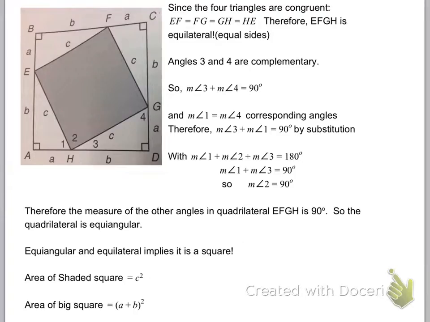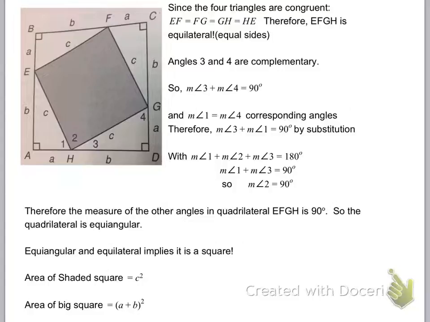So what we were saying is that EF, where's EF? EF, which is E to F, F to G, G to H, and H back to E, are all congruent. They're all the same. They're all C values, right?